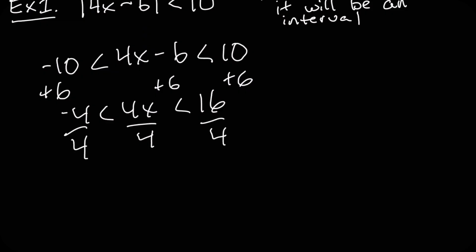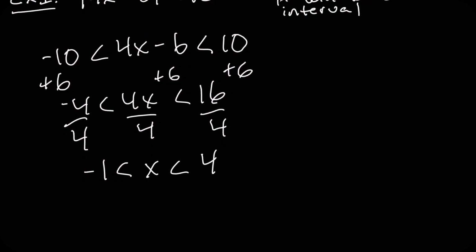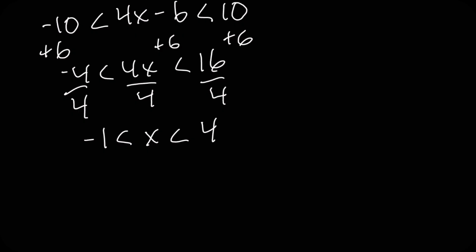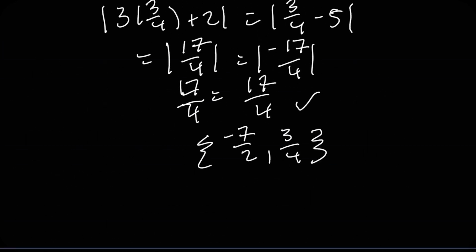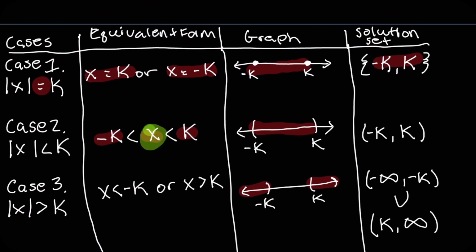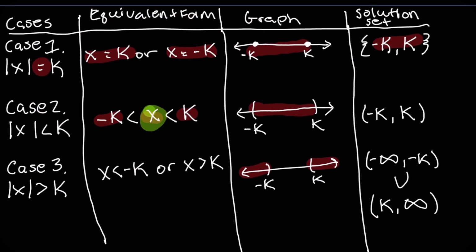So you'll be left with a negative 1 is less than x, which is less than 4. And this will be our solution here. Negative 1, 4 for our notation if we go back up for our final result.